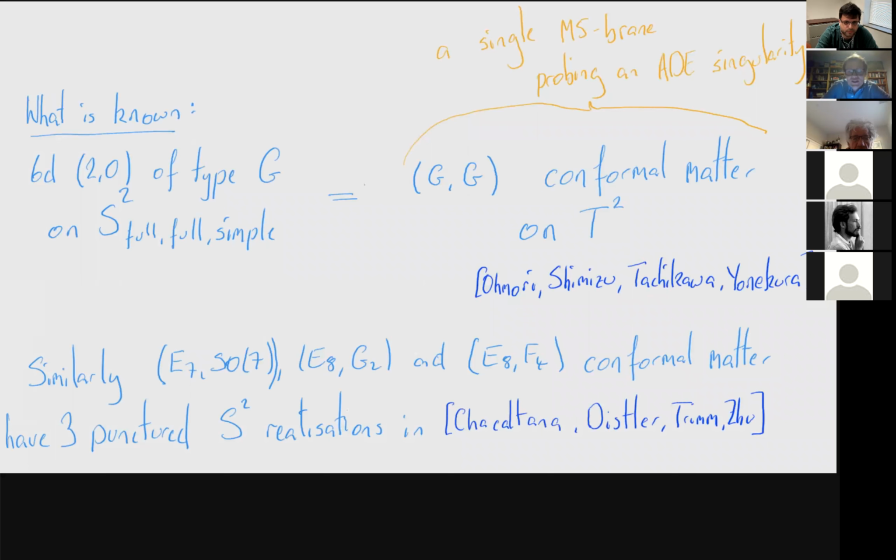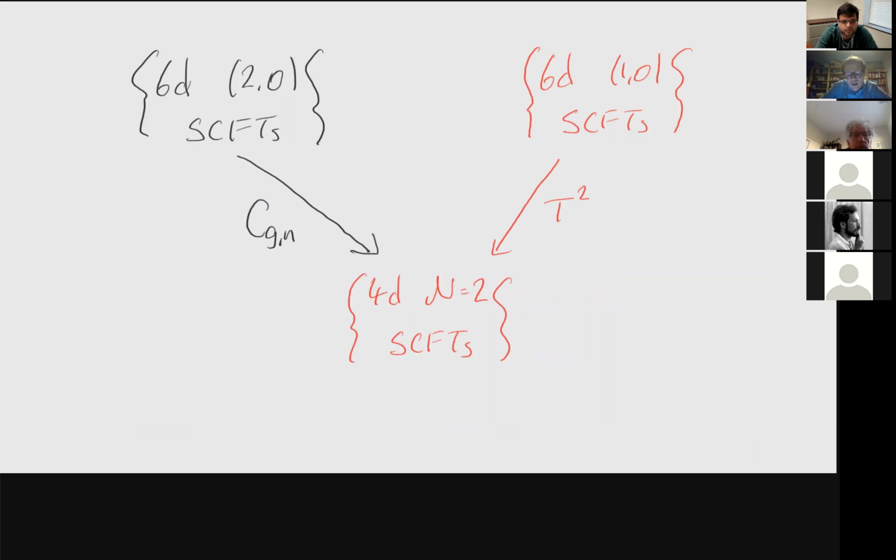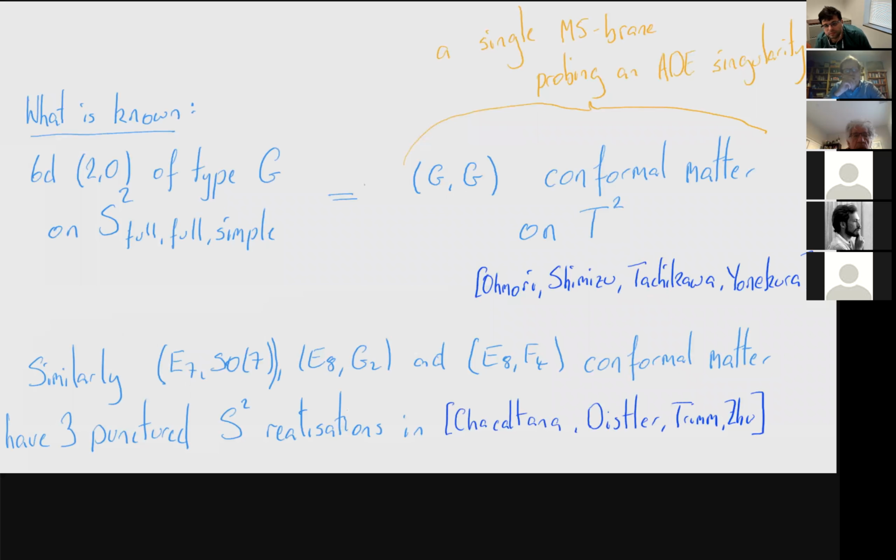So if I just go back to this picture, I just want to first of all tell you what is already known about relations from over here to over here. If you take the 6D (2,0) theory of type G and you compactify it on a sphere with 2 full and 1 simple puncture, then this is the same thing as what's called (G,G) conformal matter, which is just the theory of a single M5 brane probing an ADE singularity, and then compactified on a T2.